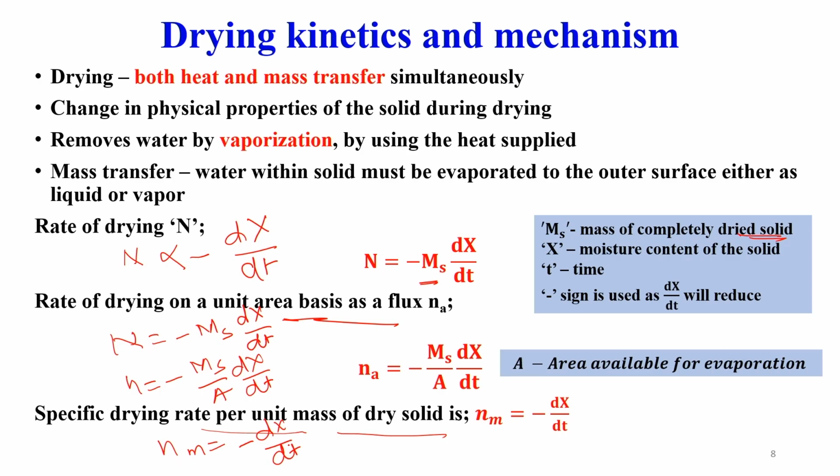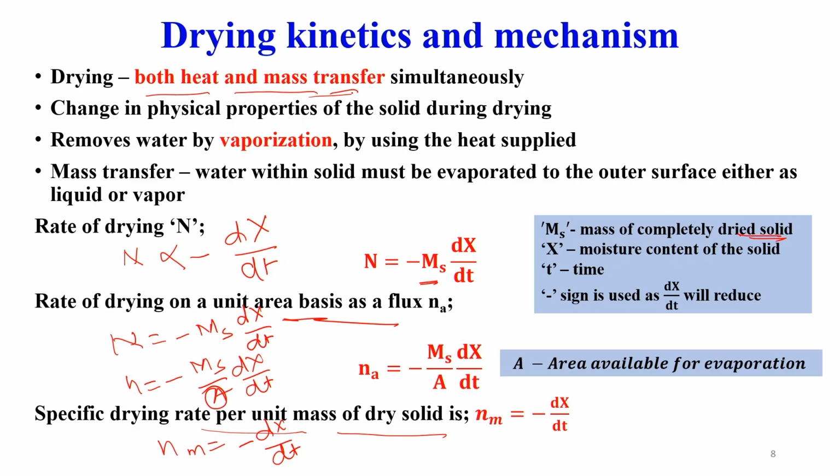What is important here is to know the area required for the drying. In drying, as we have seen, heat transfer is required because heat is needed for the evaporation of water, and mass transfer takes place simultaneously. It may also lead to a change in the physical properties of the solid, so we need to be careful with heat sensitive materials.